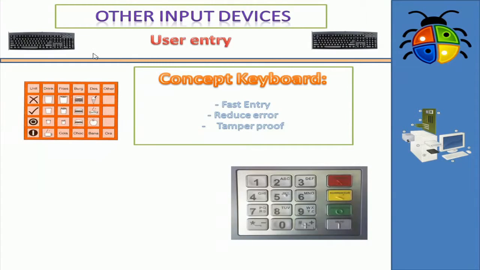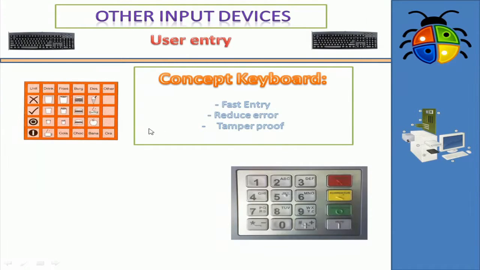So why have these? Why not have a keyboard? Well, it's much faster to enter the data than having to type in hamburger, for example. Likewise, it reduces the error. It's easy to make a mistake when typing, and it's tamper-proof. So maybe someone who's working at McDonald's thinks they're not getting paid enough money, as many people who worked there did think.